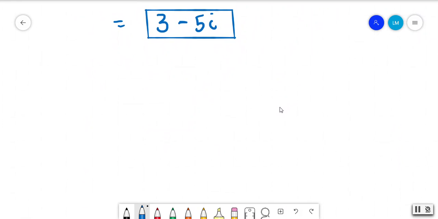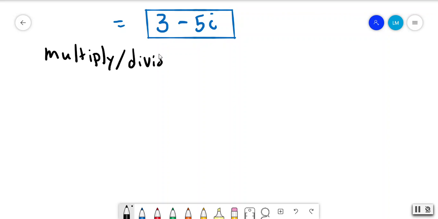The other thing we look at within this module is what happens when you multiply. When you multiply or even divide, there's a process you have to go through.